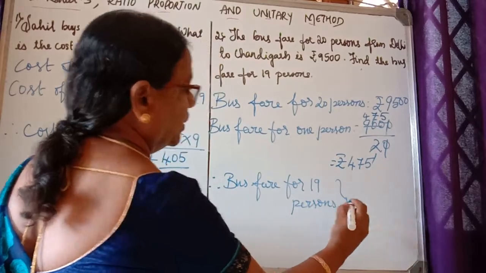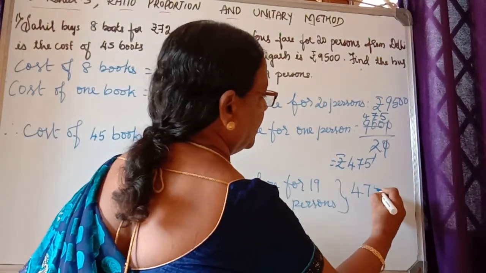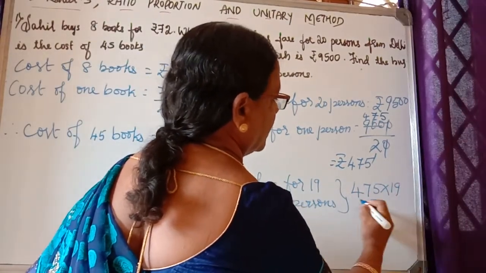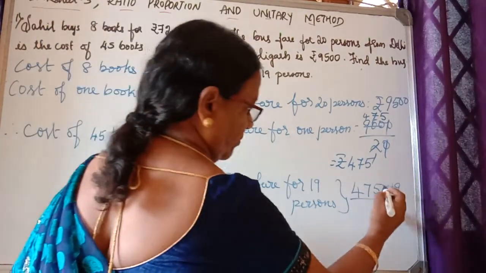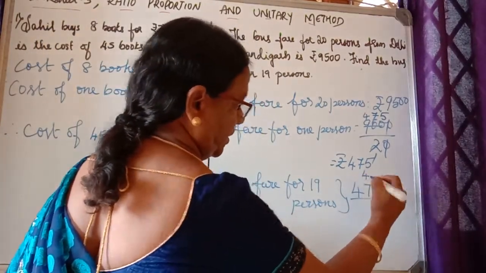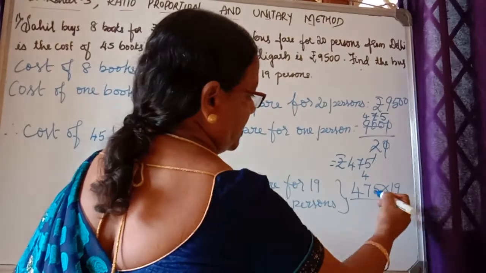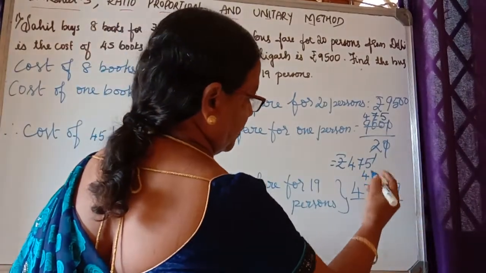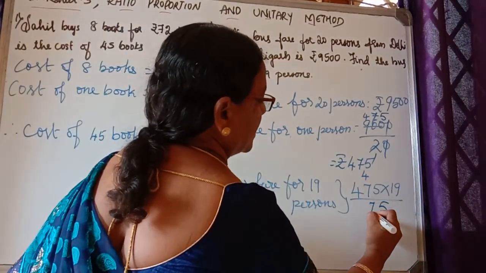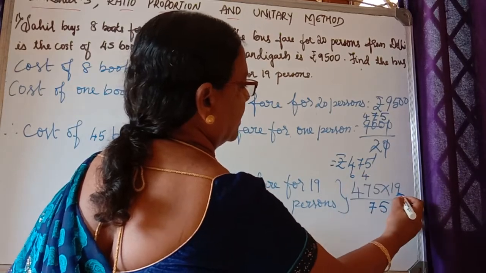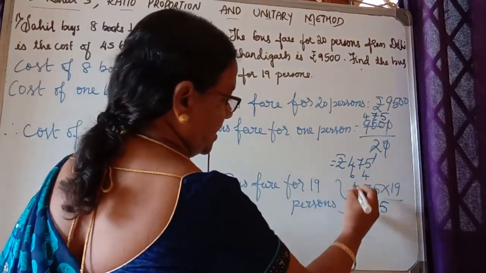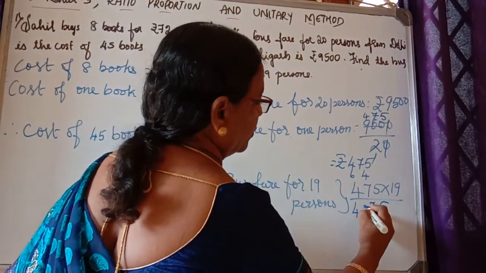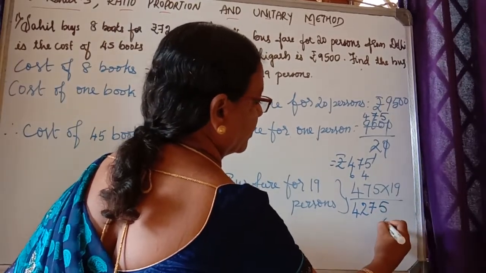Now we have to multiply 475 into 19. 9 5s are 45. Remainder 4. 9 7s are 63 plus 4, 67. 6. 4 9s are 36 plus 6, 42.